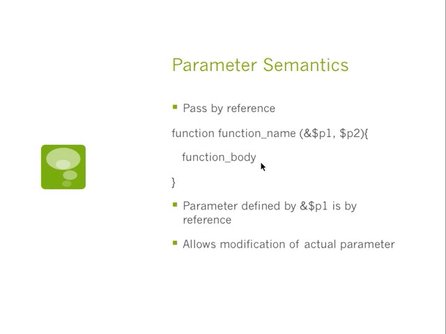So this allows you to make a modification to the actual parameter, and again, you do need to use the ampersand to indicate which parameter is being passed by reference.